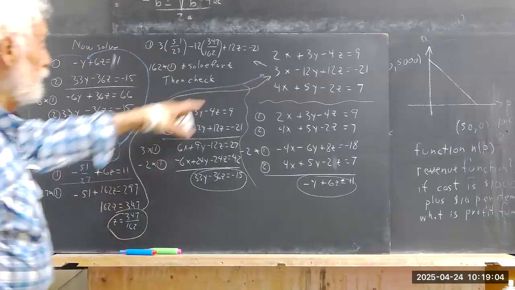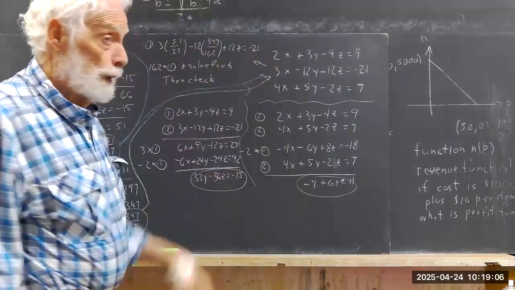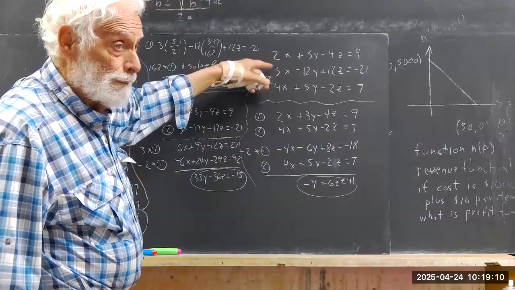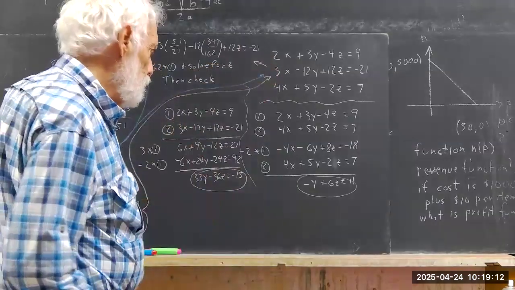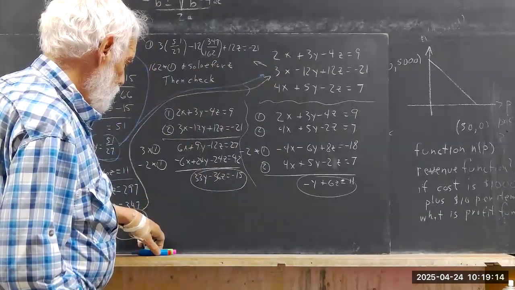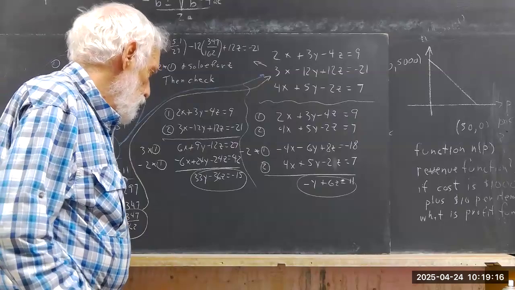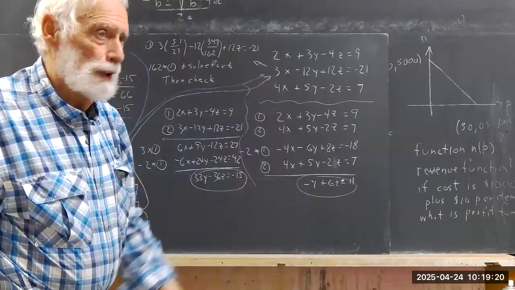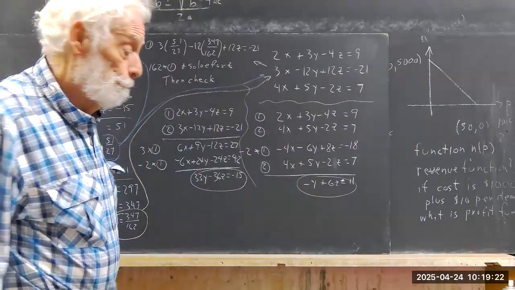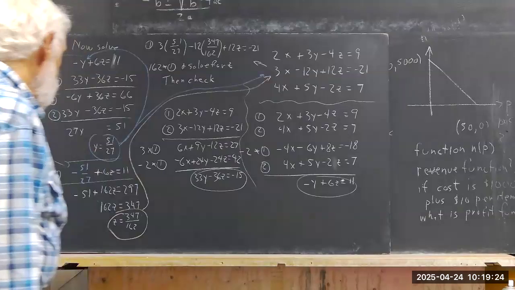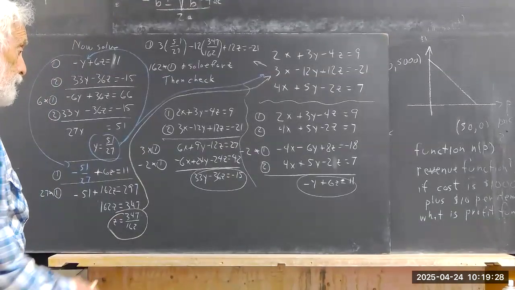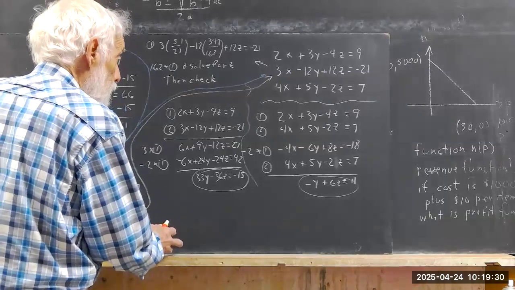Now that you've got y and z, you can go back to any one of your original equations, preferably not the one you used twice. But that probably wouldn't make any difference. Then you get a solution, then you check it in one of the other equations. Okay, well, that's what we could do. Now let's do it a little more compactly.